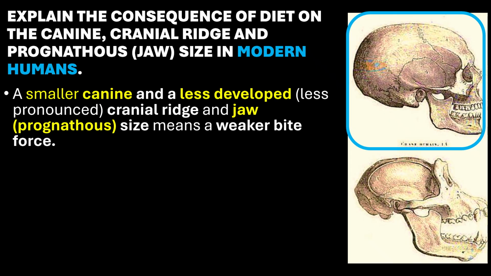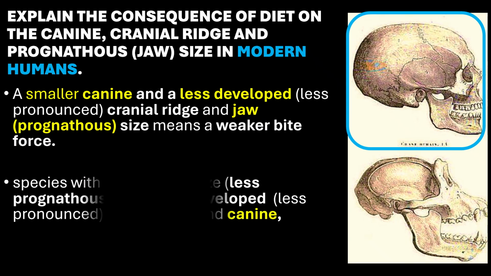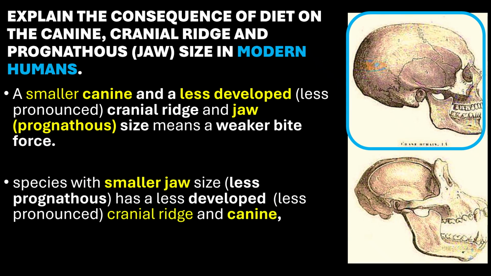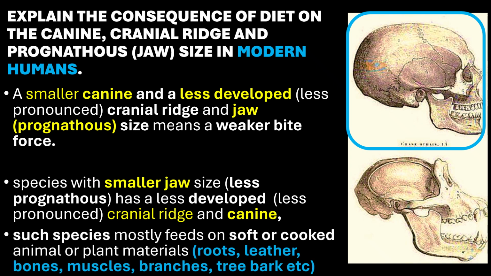The stronger the jaw, the stronger the bite force. So species with smaller jaw size, or less prognathous species, automatically possess a less developed cranial ridge and canine. It goes on to say such species mostly feed on soft or cooked animal or plant materials like roots, leather, bones, muscle.